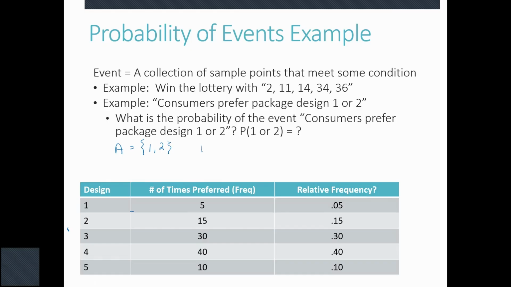And the probability of event A here is the probability of preferring 1 plus the probability of preferring 2, which is 0.05 plus 0.15, or 0.20. By the way, if we let B equal preferring package 4, the probability of B equals 0.40, which is greater than the probability of them preferring either 1 or 2, which is only 20%.